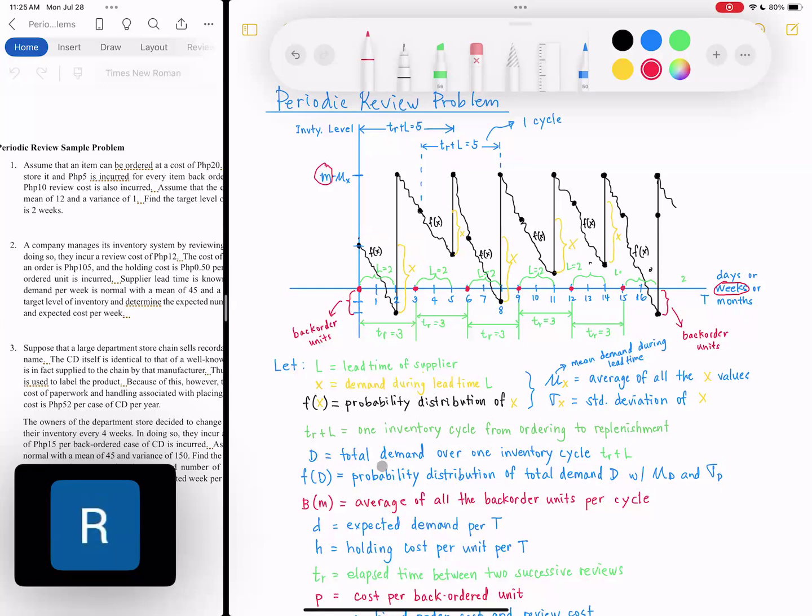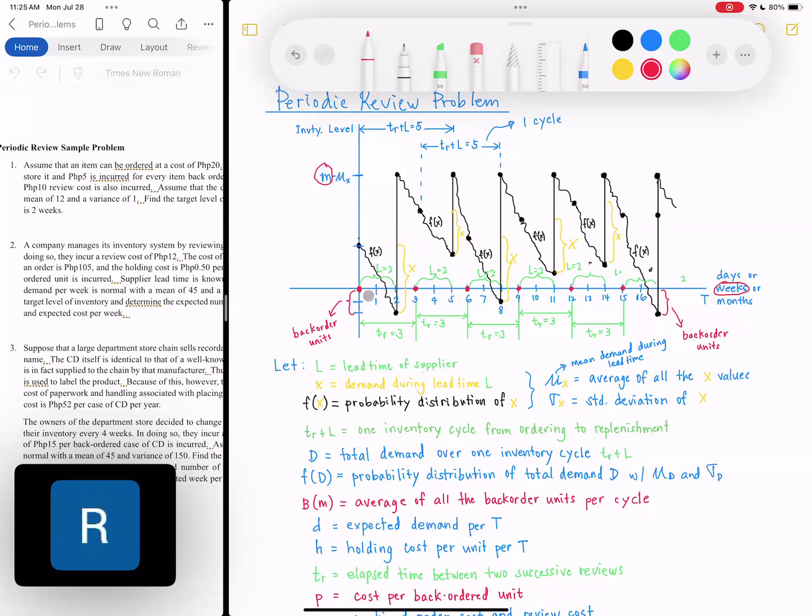Capital D represents the total demand over one inventory cycle. And whenever I ask questions in the exam about a cycle, an inventory cycle in the periodic review model, that simply means TR plus L. So one cycle is your review period plus the lead time.